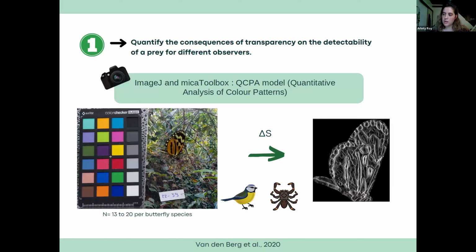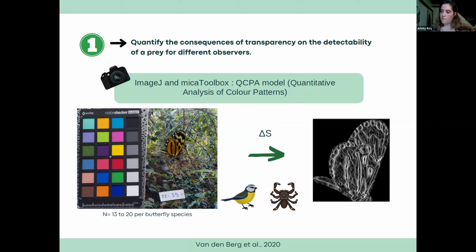So first, we attempted to ascertain if transparency decreases detectability for these different predator types. We took more than 300 photographs of 15 species of Ithomiines, plus two cryptic non-toxic controls, one opaque and one with transparent wings.